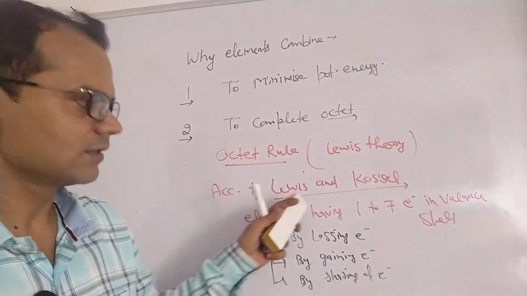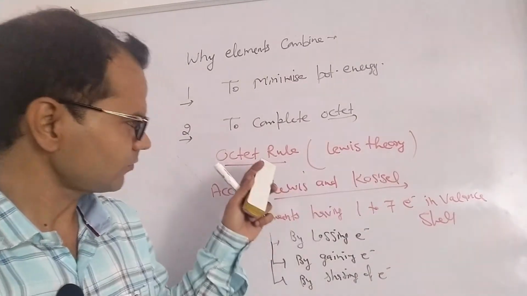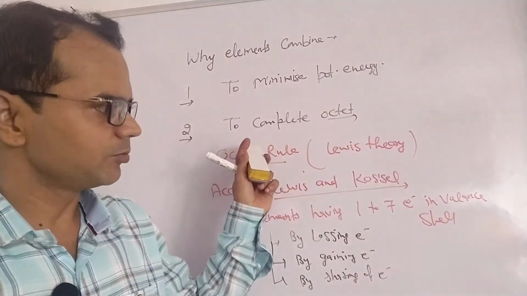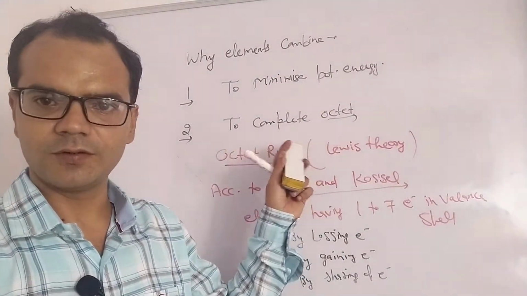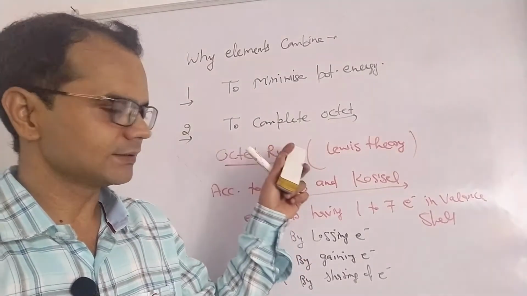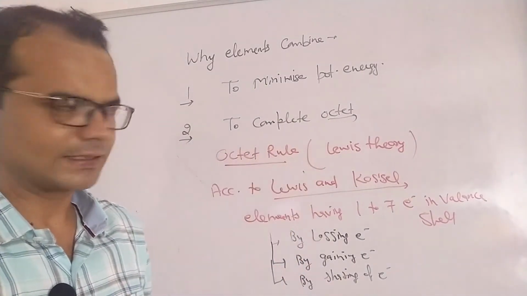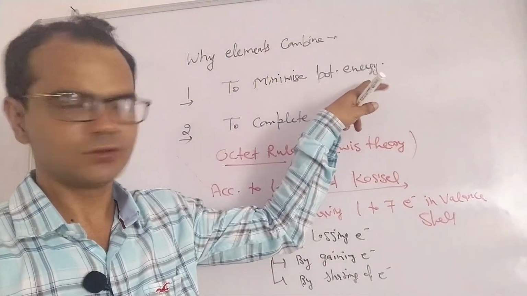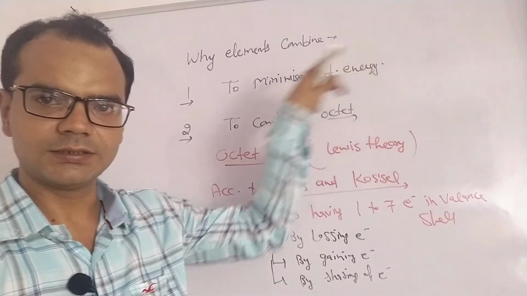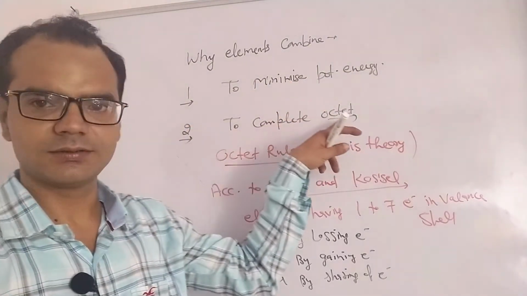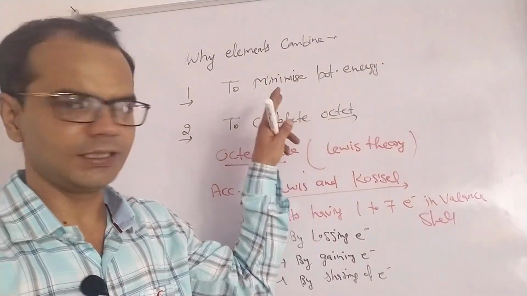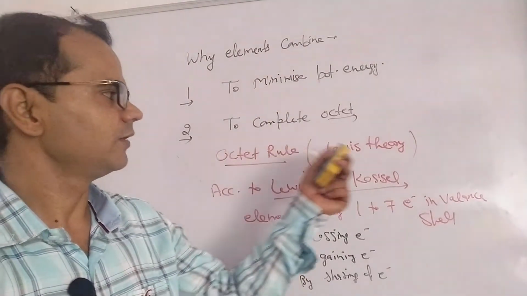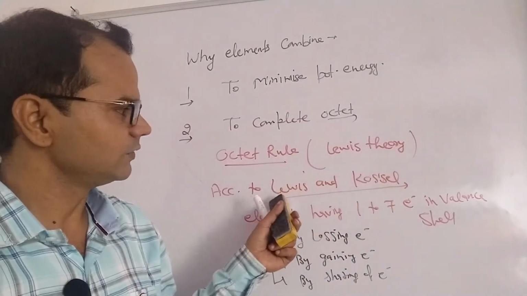By these 3 means they will get 8 electrons in their valence shell, and 8 electrons represents the noble gas configuration, the inert gas configuration. So basically, elements combine to minimize their potential energy, to make a stable molecule. Second is to complete their octet. Octet represents 8 electrons in a valence shell. For this we have Lewis theory given by Lewis and Kossel.